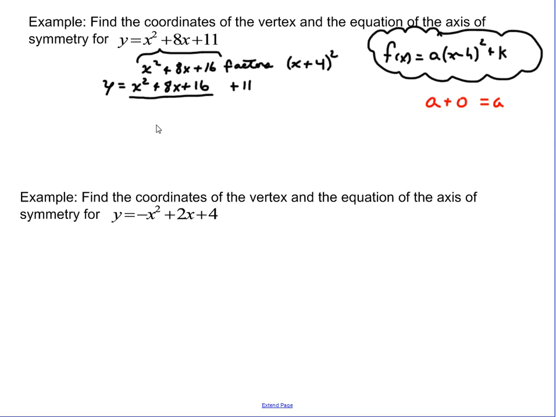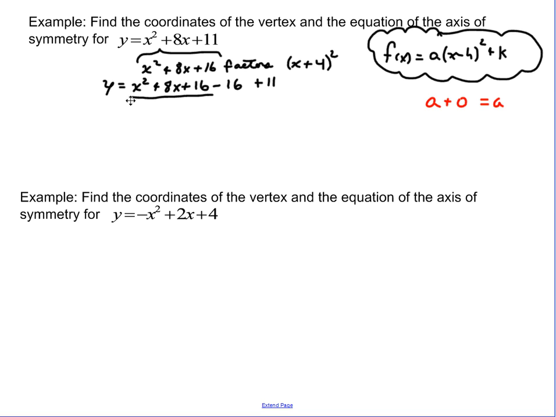But I can't add 16 out of nowhere. So what I'm going to do is, when I add 16, I'm going to subtract away 16 at the same time. And you say, oh my God, Mr. Peoples, what you just did blew my mind. How can you just add and subtract 16? You're doing nothing to the problem. Well, yes and no, I am doing something to the problem.